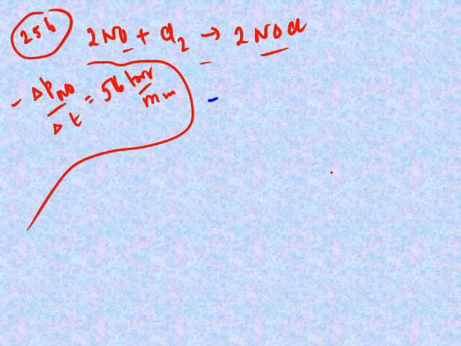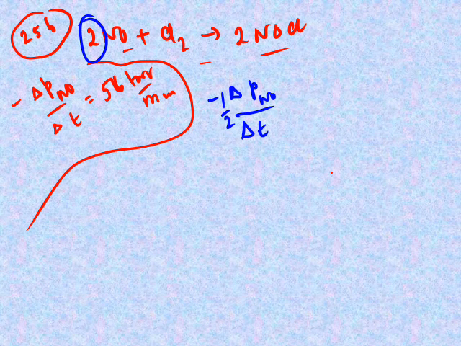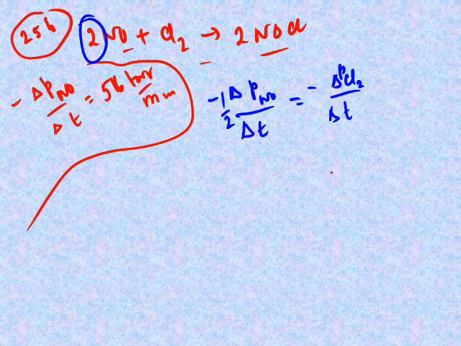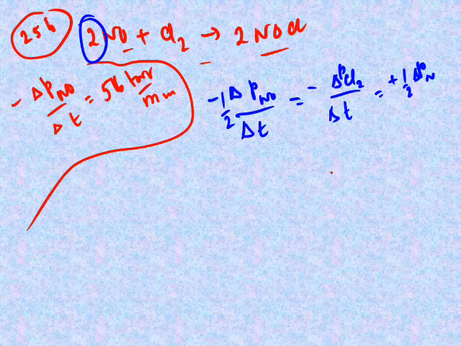So minus delta PNO over delta T. I must have 1/2 in front because the coefficient is 2, or it's dissipating 2 times faster. If I want to set it equal to that of chlorine, it'd be minus delta pressure of Cl2 by delta T, equals plus 1/2 change in pressure of NOCl divided by delta T.